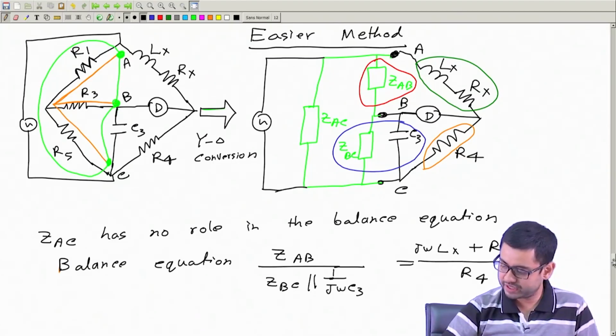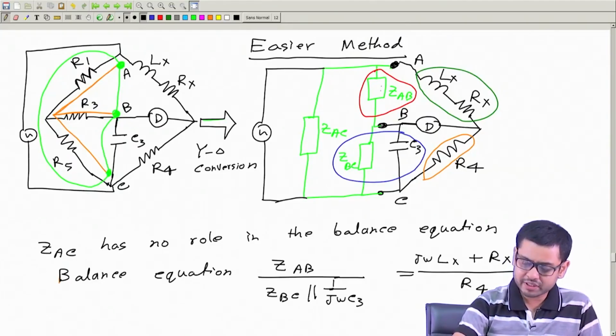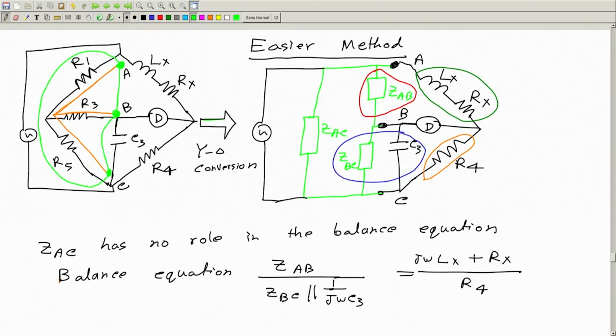This way we can find the balance equation. Now observe what these values of ZAB, ZBC, ZCA are. These are all going to be resistances, because the original star-connected elements were resistances, so their equivalent delta will also be resistances, of course.